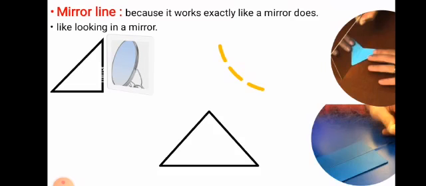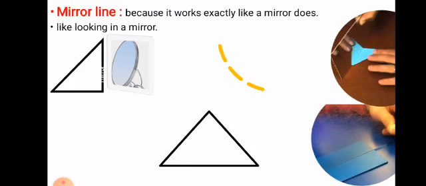What about this line here? This line is dividing my shapes into two parts. So, this line is called a line of symmetry or a mirror line. But why do we call it a mirror line?